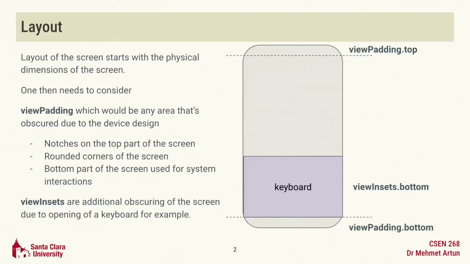Okay? So first, let's start with some concepts. The mobile screen has two areas in the bottom and in the top, which have sort of an obstructed view, right? Over here you have that white line which you use to change apps.